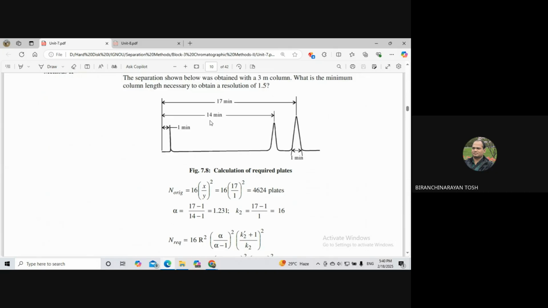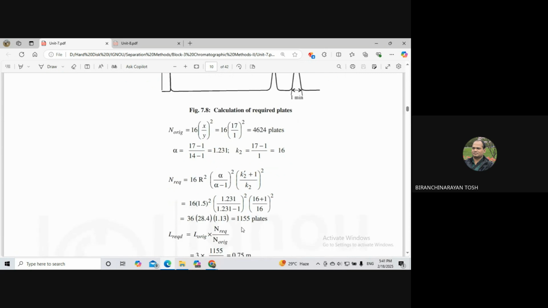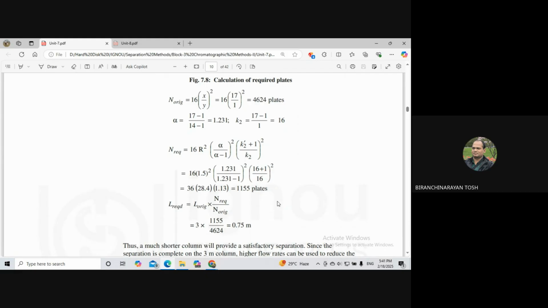Alpha will be equal to 17 minus 1 divided by 14 minus 1, which is 1.231, and k2 equals 17 minus 1 divided by 1, so equal to 16. If you put all these values in this equation, finally it gives the required plates as 1155, whereas it was 4624.